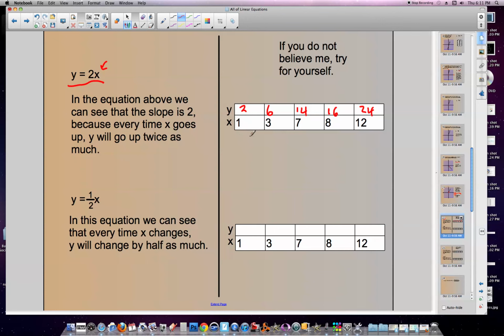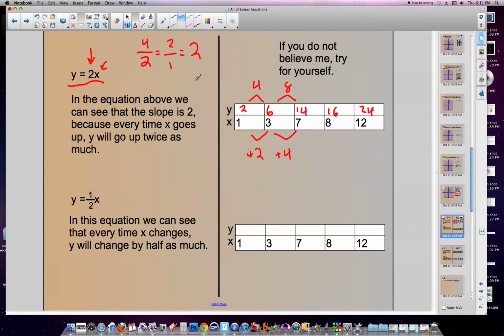And so I want you to notice here, my input went up by 2, and my output went up by 4, right? Well, 4 over 2, and this gets back to fractions, is the same thing as 2 over 1, which is the same thing as 2, which is what this number being multiplied by x is. Here, my output went up by 8 when my input went up by 4.